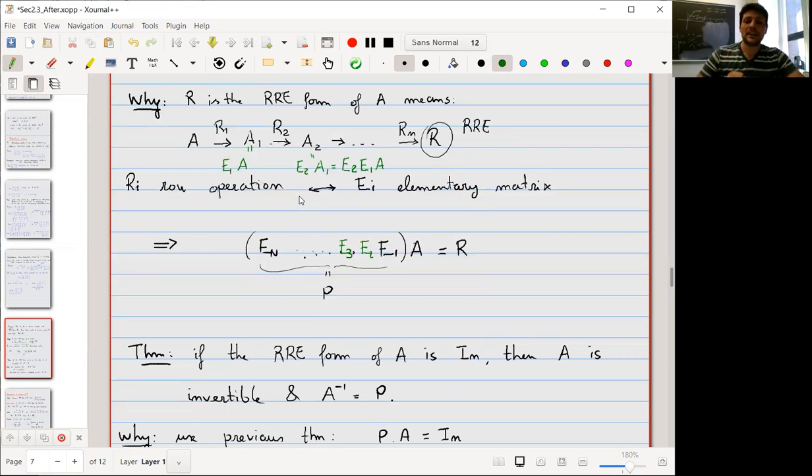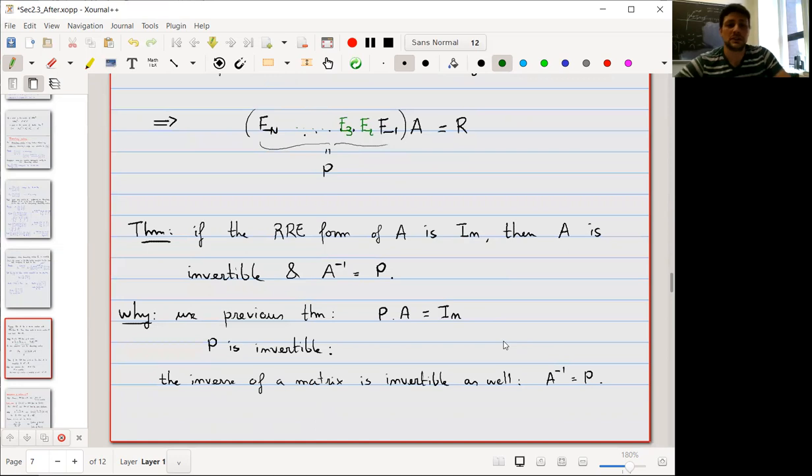Furthermore, P has a very nice property. It's a product of invertible matrices, so P is an invertible matrix. What this means is that if the reduced row echelon form of A is the identity, then A is also invertible, and P is its inverse.